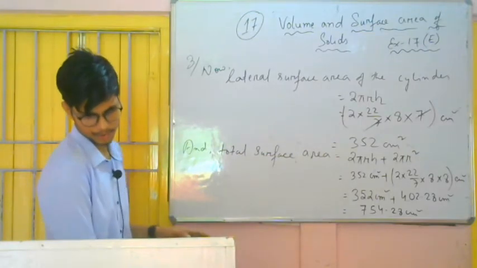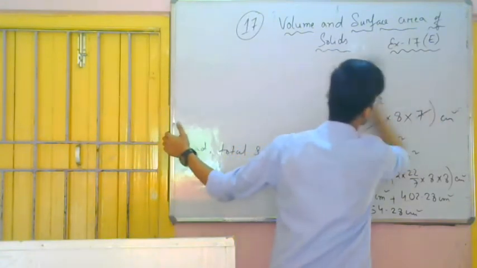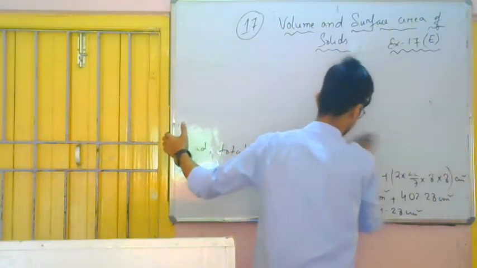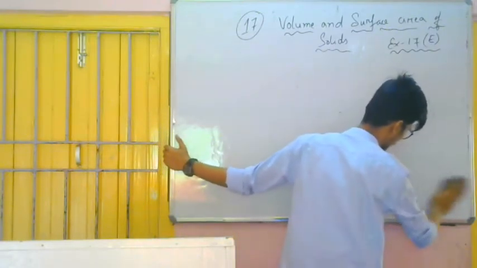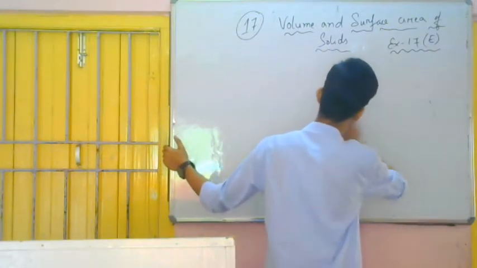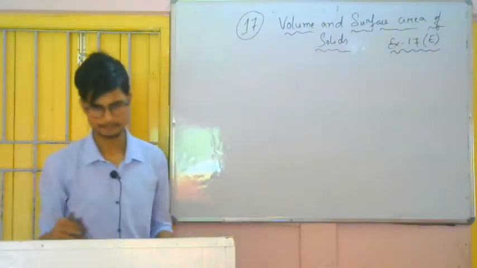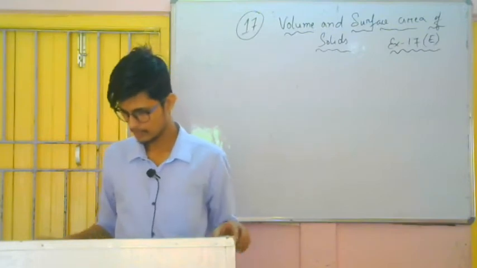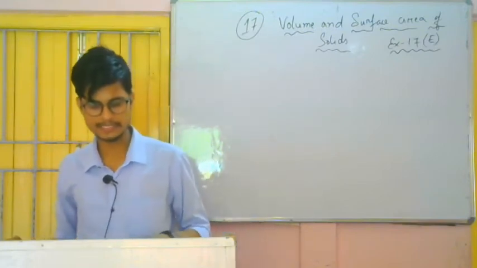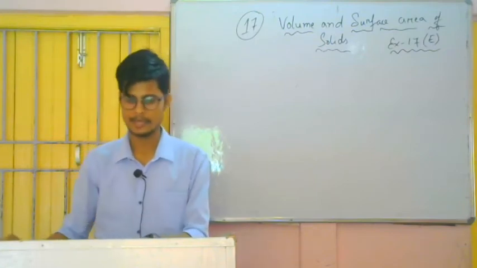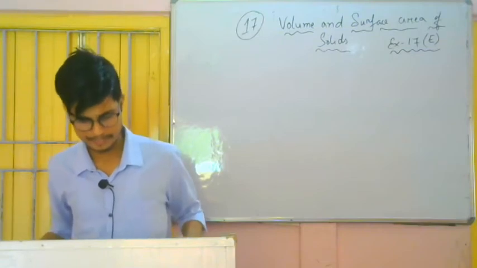So now let me do question number 5. A solid cylinder has total surface area 462 square centimeter.